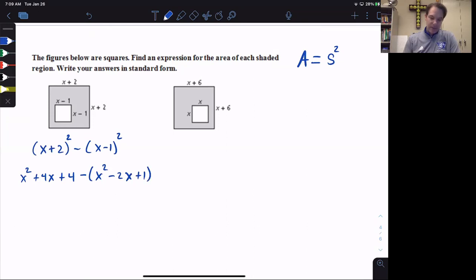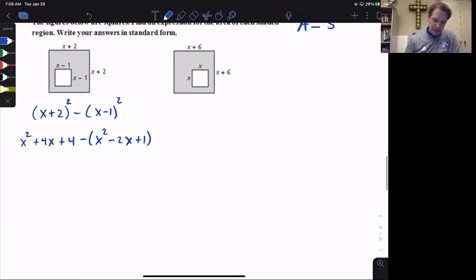Okay? So what I need to do now is I need to run it through. Now, I remember some of you liked to see it stacked, so I'm going to go ahead and do that too. Here's x squared plus 4x plus 4. I'm going to run the negative through, so that becomes negative x squared, positive 2x, negative 1, and now I can just add them together since I ran the negative through.